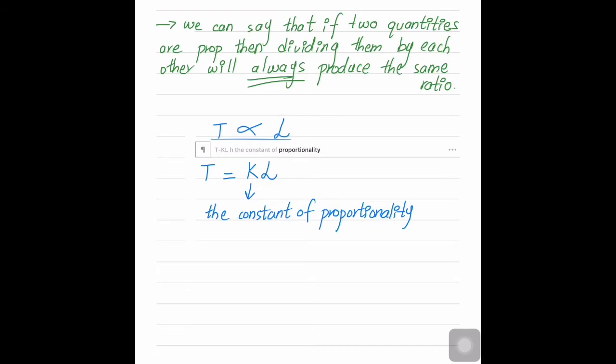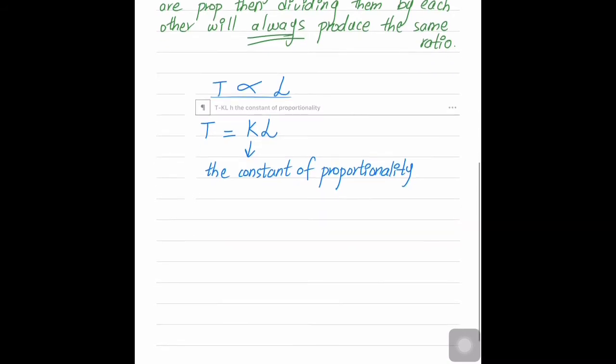Now there are two important things that we need to consider here. Let me write them down.